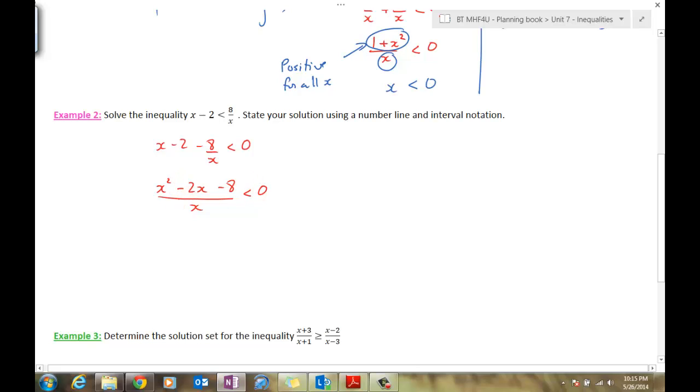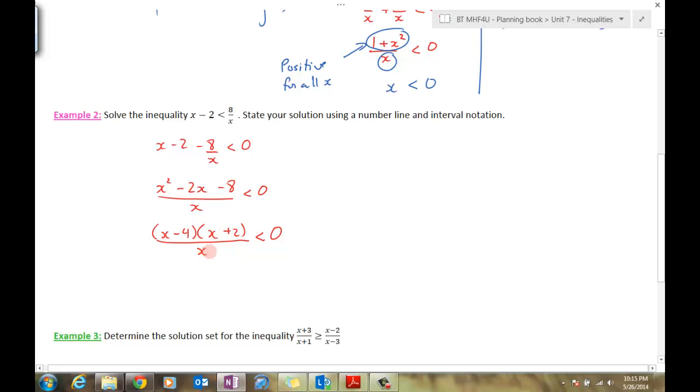The technique here, like we did with the polynomials, we were interested in finding the roots because the sign changed at the roots. So the numerator we will aim to factorize, which we can do thusly, if that's a word.